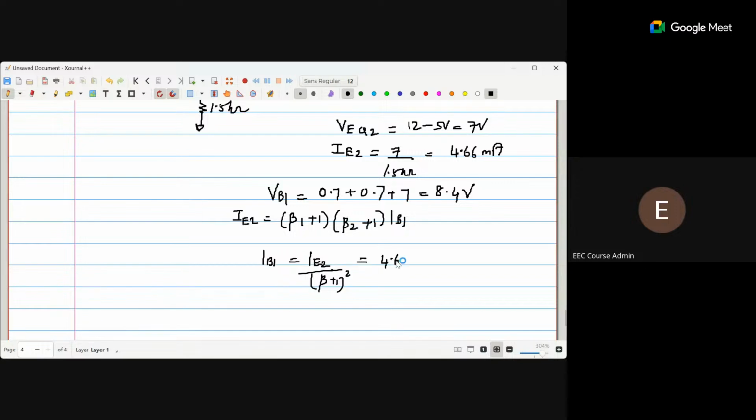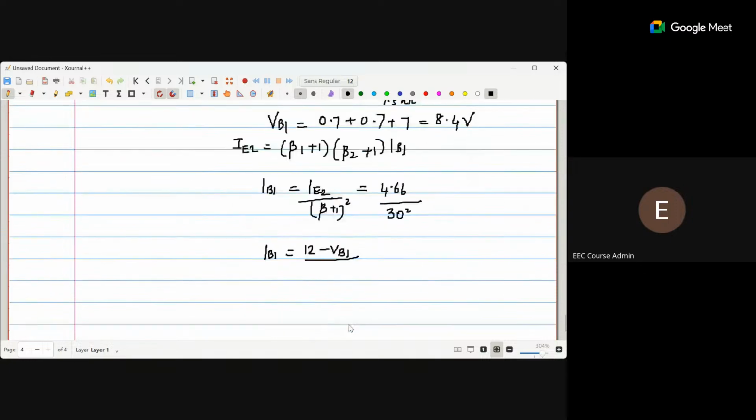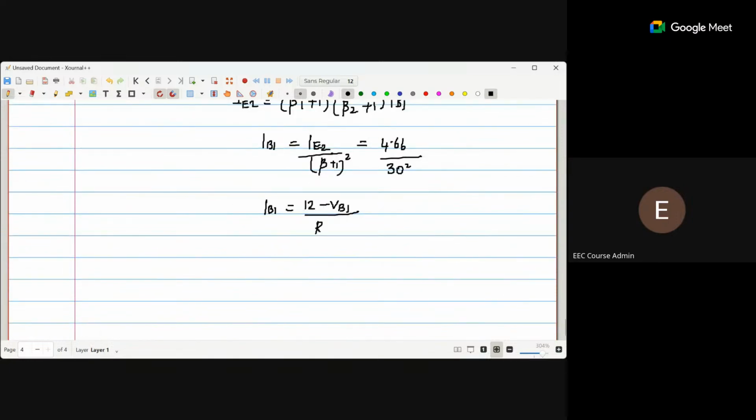So 4.66 divided by how much is beta? 29. So 30 square. And IB1 will be 12 minus VB1 divided by R1, from which you can find out R1.